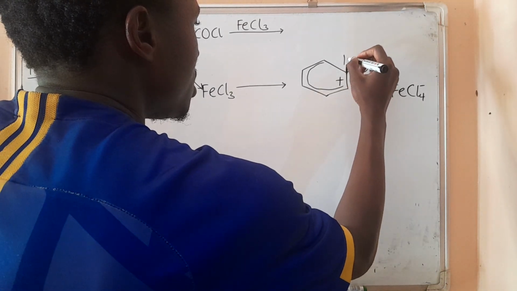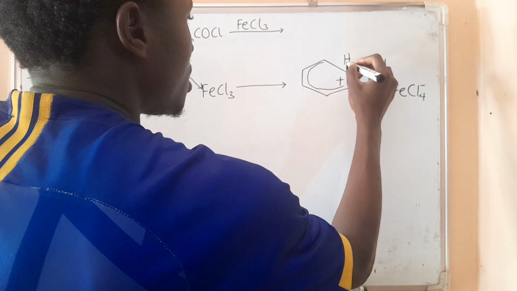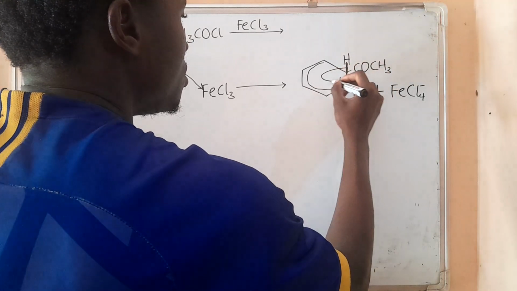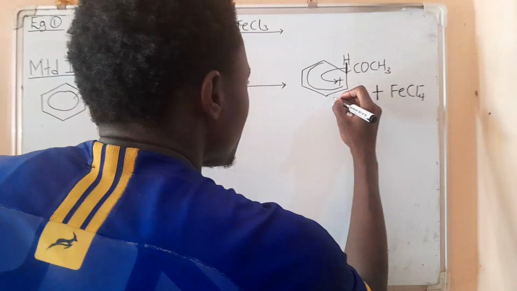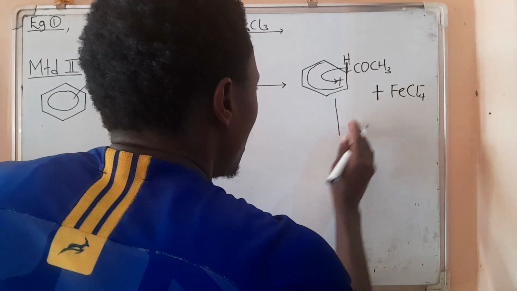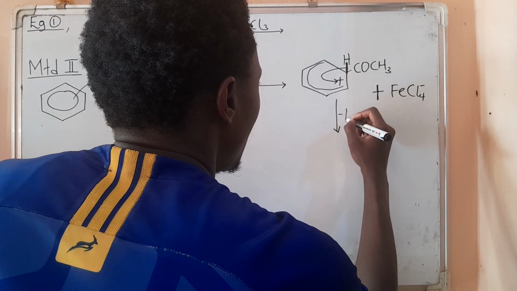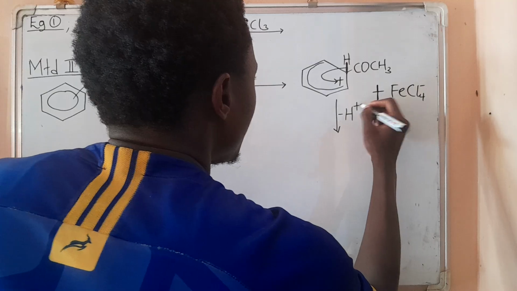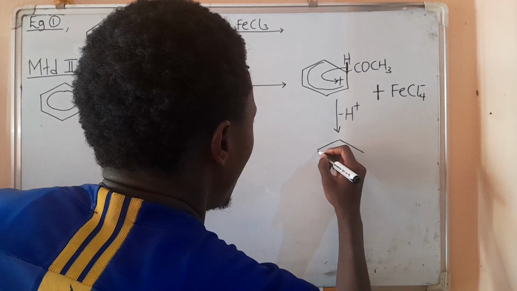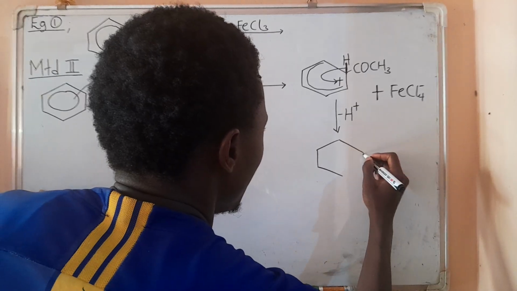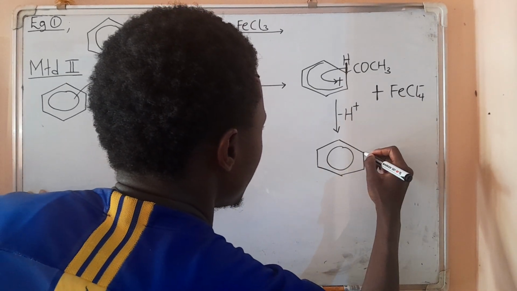So we expose it and use electrons there to donate to the electron deficient carbon. As a result, we are losing a proton, we are losing a hydrogen ion, as we form this as our product.